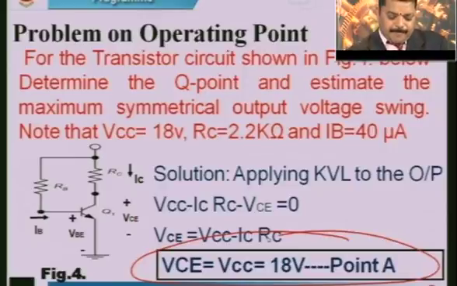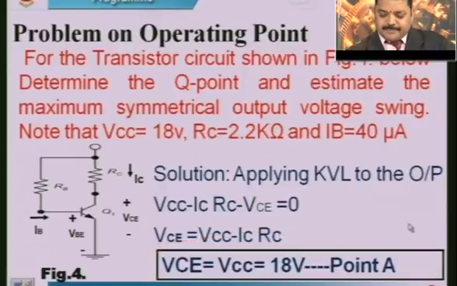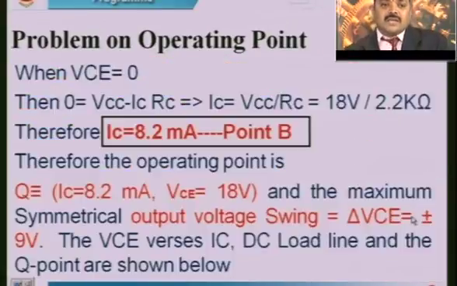Next, in the same equation, when I apply VCE equal to 0, then 0 is equal to VCC minus IC RC, which implies IC is equal to VCC by RC, which is equal to 18 volts by 2.2 kilo ohms. If you calculate, this value comes out to be IC equal to 8.2 milliamps.